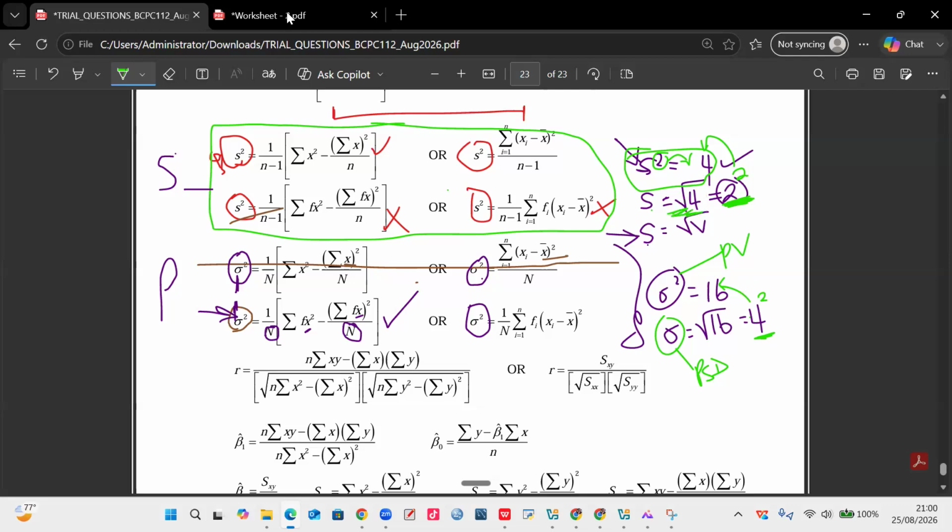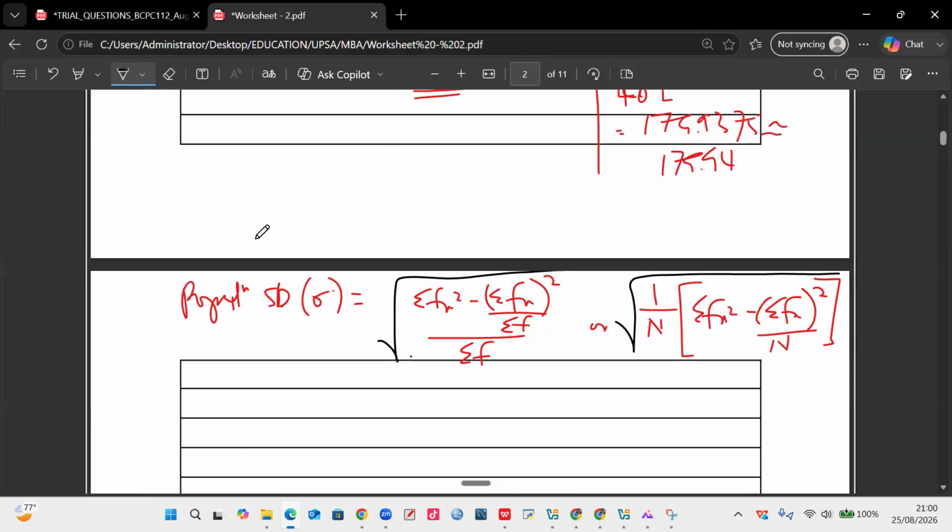So what is the difference between the variance and standard deviation? The difference is that the standard deviation is the square root of the variance. Are you getting it?